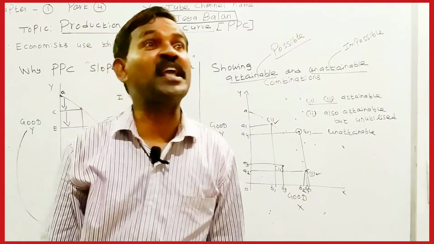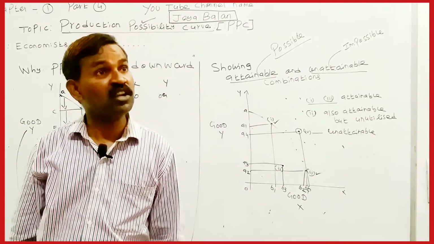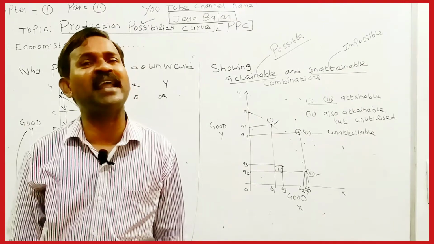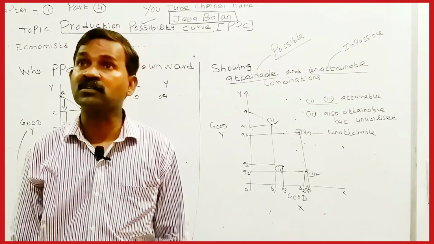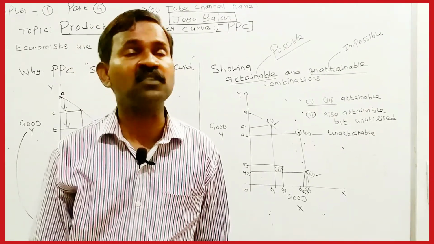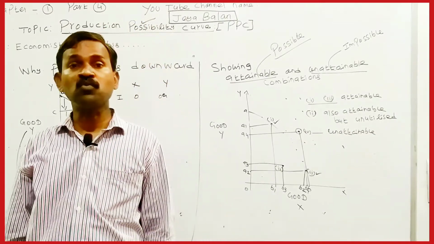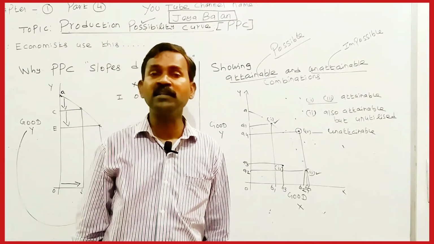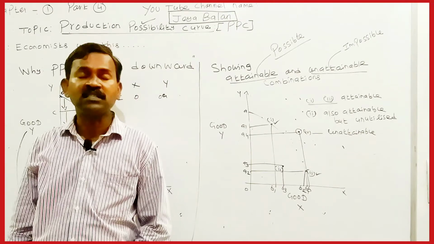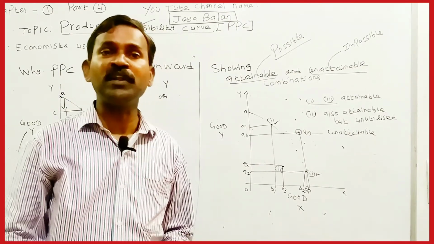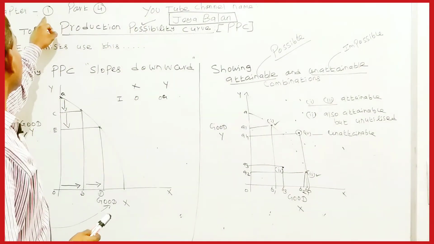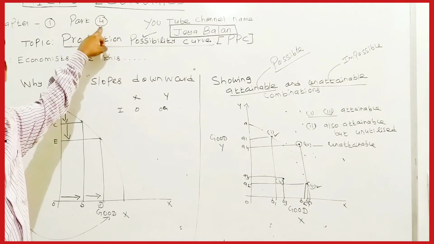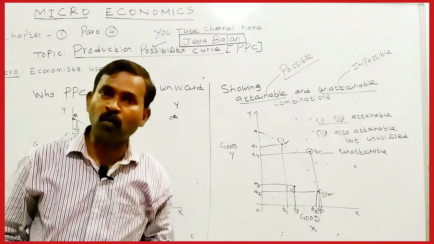Other one is rotation. Rotation of PPC. When does PPC rotate? And another concept is when does PPC shift? So these two concepts we will be discussing in detail, interestingly, in the next video, that will be chapter number 1, part number 5.